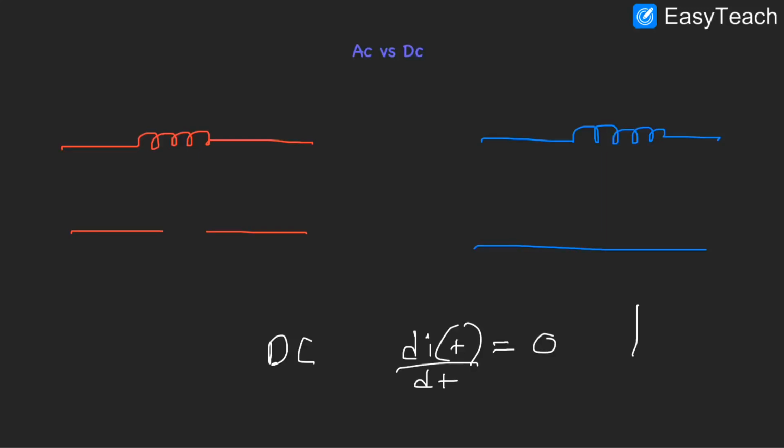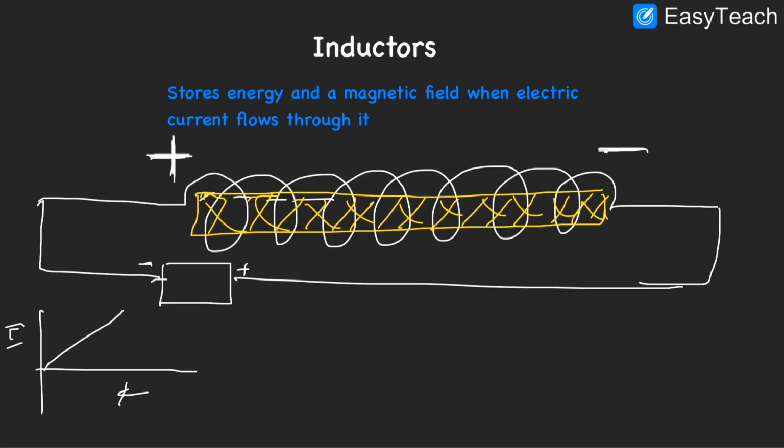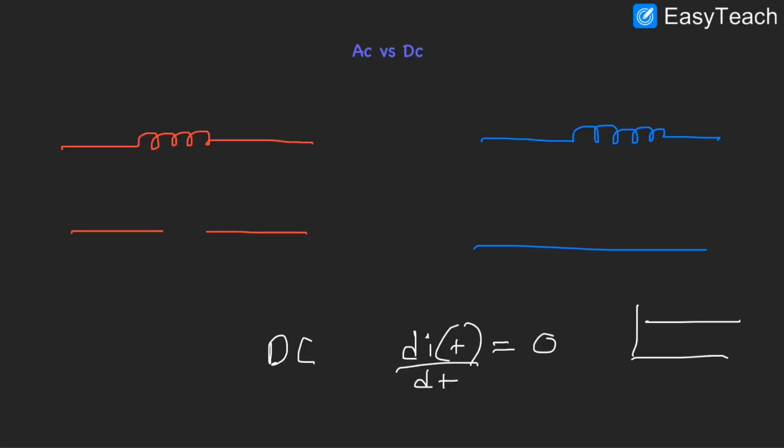What I mean by that is you are going to have a constant current. If there's a constant current, there's no change in current, so there's also going to be no opposition. So in a DC case, the inductor is going to behave like a closed circuit.